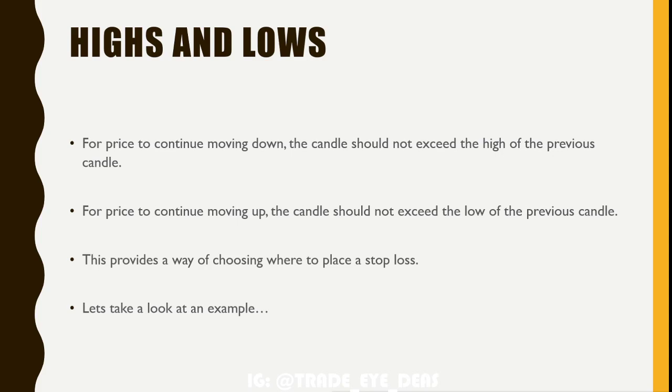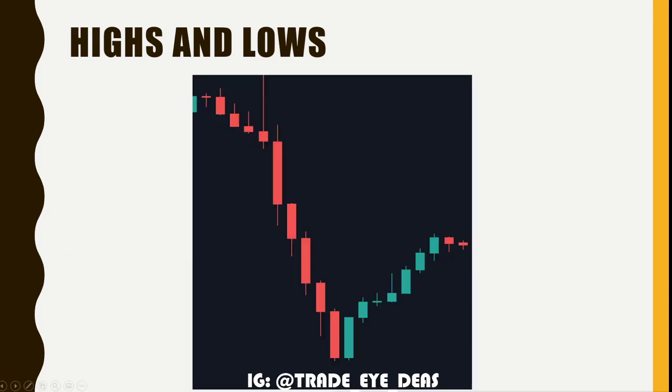If the highs and lows should not be exceeded, it makes sense that we can place our stop loss above or below the highs or lows of the previous candles. I know that's a little wordy, so let's take a look at an example to solidify that.